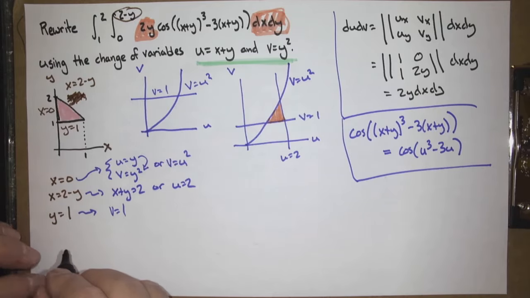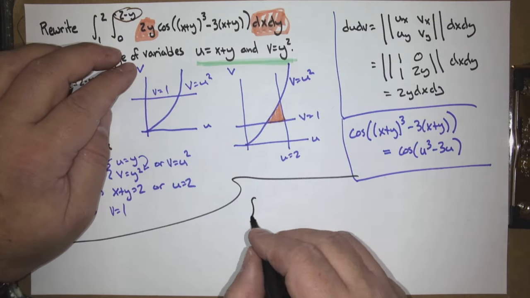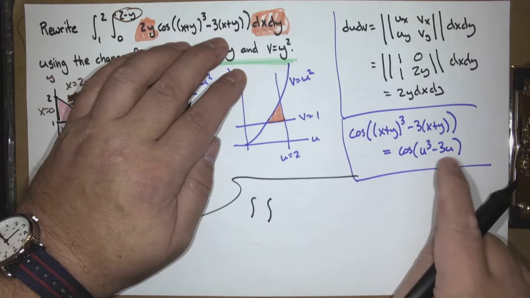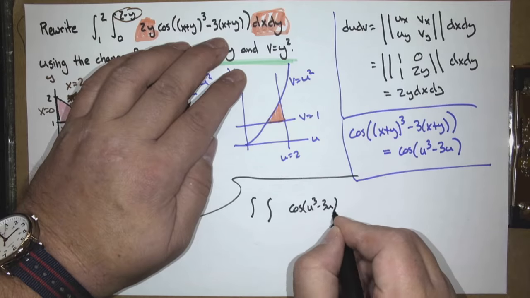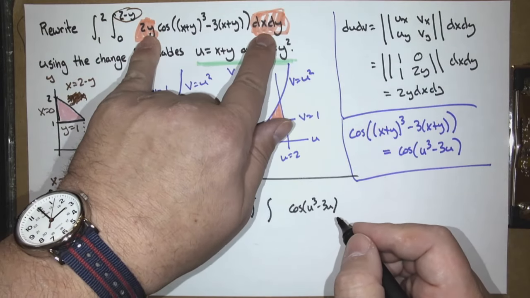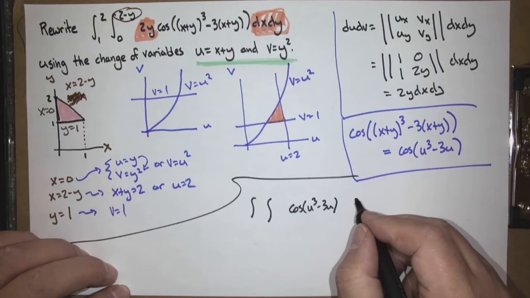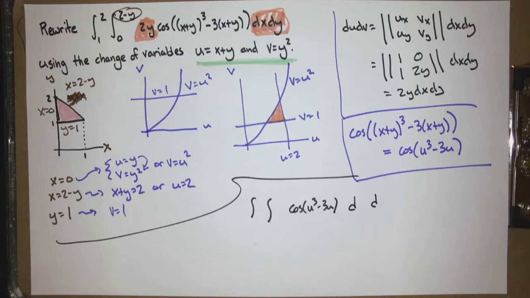Here we go. So we're going to get the integral. This part is cosine of u cubed minus 3u. The other part, this dx dy, becomes du dv or dv du. Which do we want to integrate with respect to first?